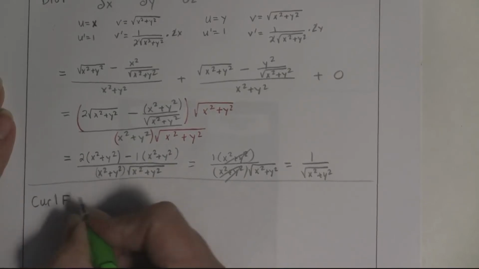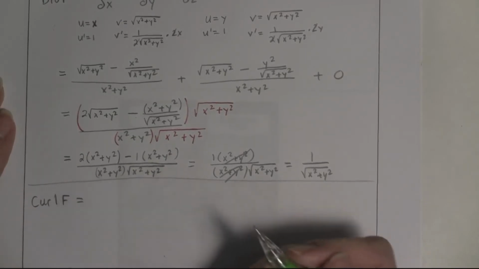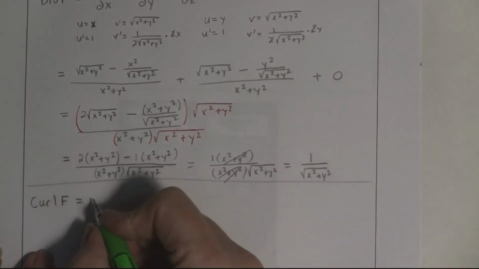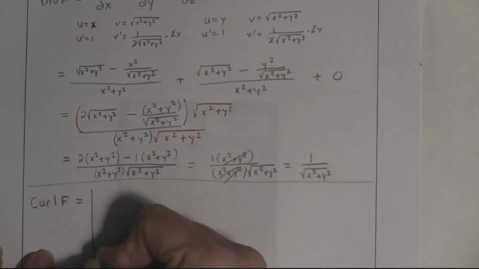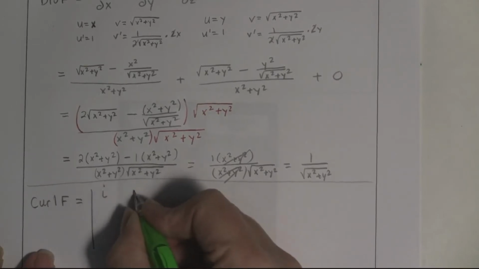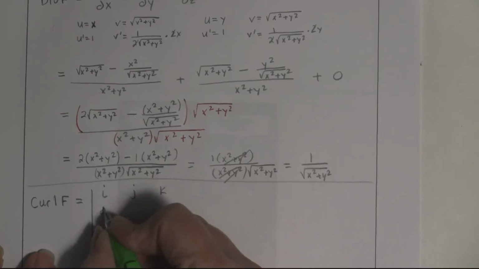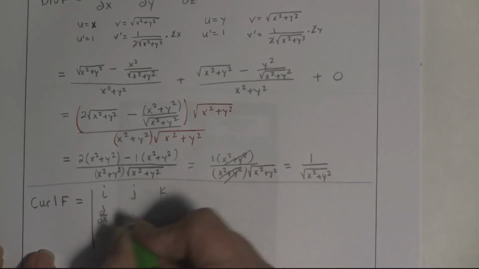of f is equal to, and you could write it as a cross product, but I have to tell you I'm so over it. I'm already saying to myself, I know it's a cross product. i, j, k, and then do my little these.